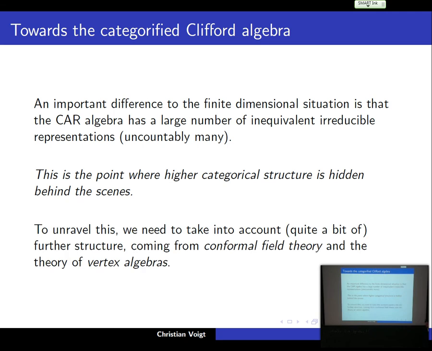To actually unravel and explain this, unfortunately one has to put in quite a bit of machinery which comes from conformal field theory and the theory of vertex algebras. I will try to indicate this a bit, but the main message is that the reason why you get an additional layer of categorical structure is precisely the fact that you have a large number of inequivalent representations of the CAR algebra.